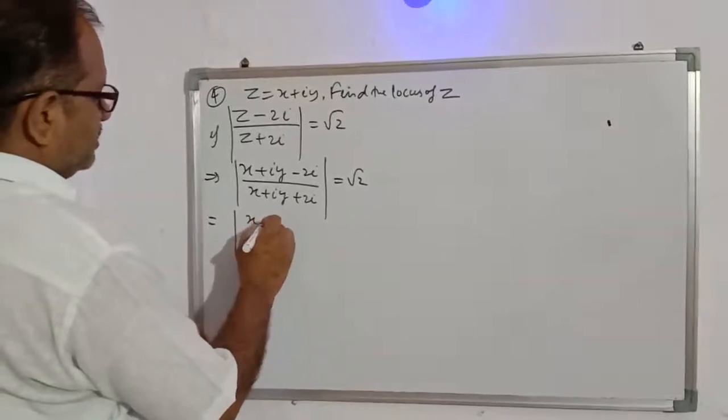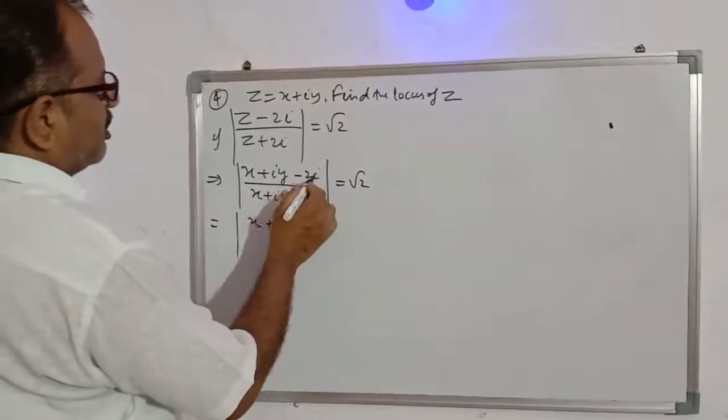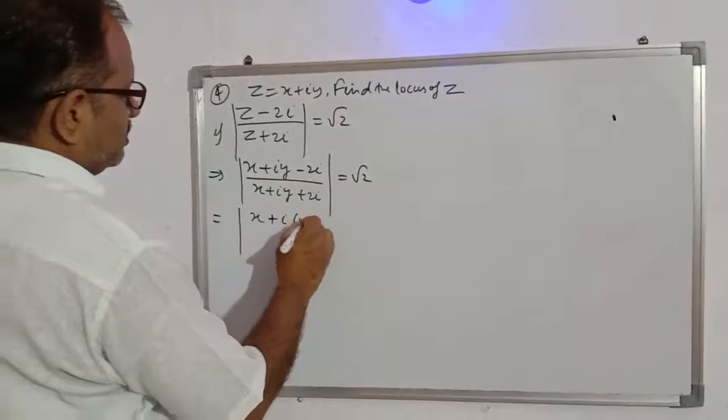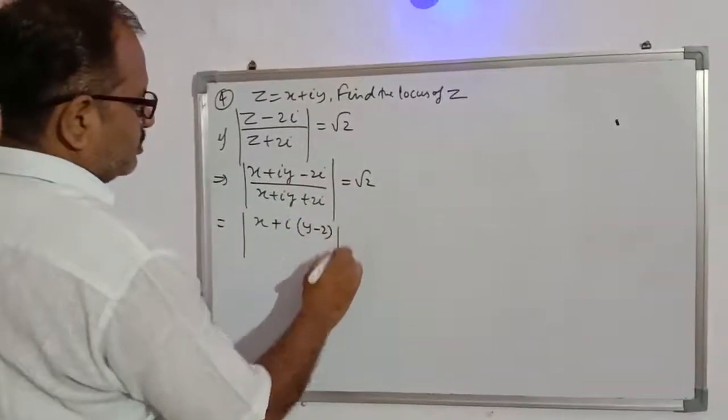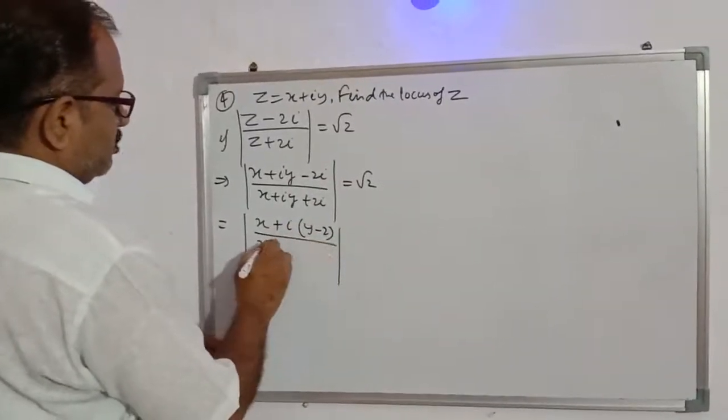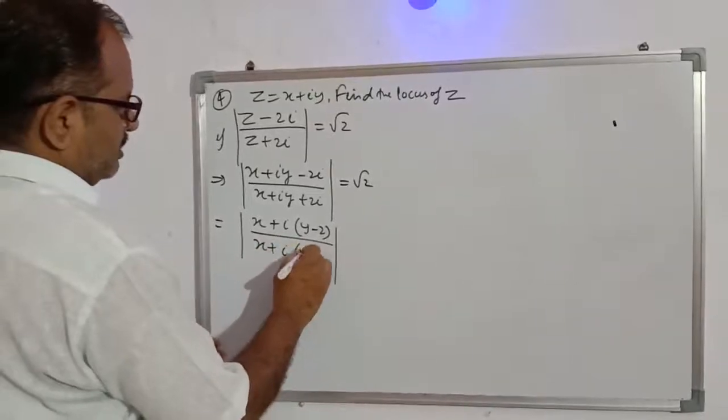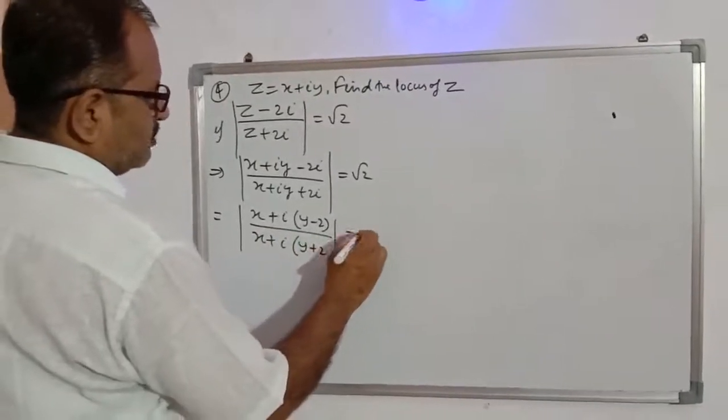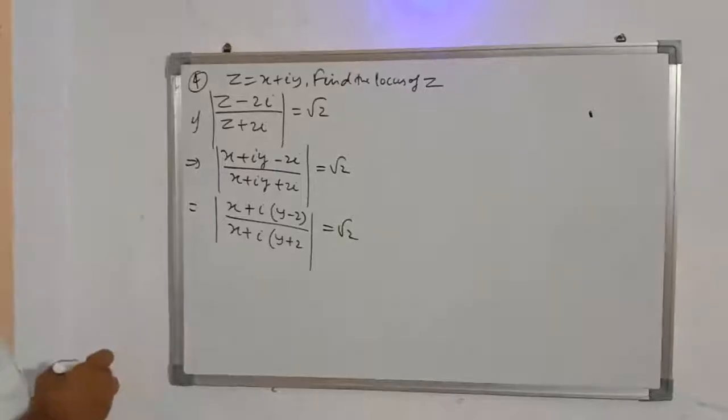Take i common: x plus i times y minus 2; in the denominator, x plus i times y plus 2, is equal to root 2.